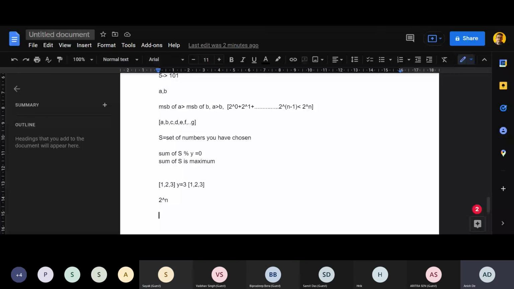So somebody was telling recursion. The problem in recursion is that when you call the function, it will be something like this.